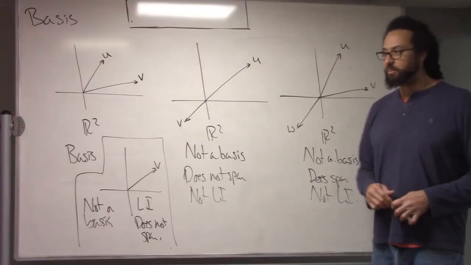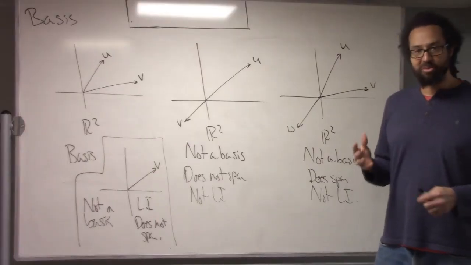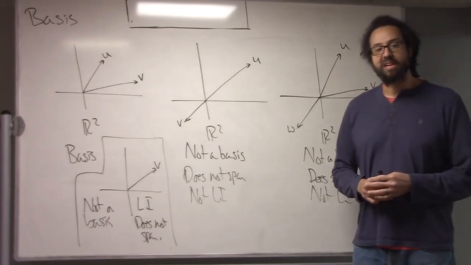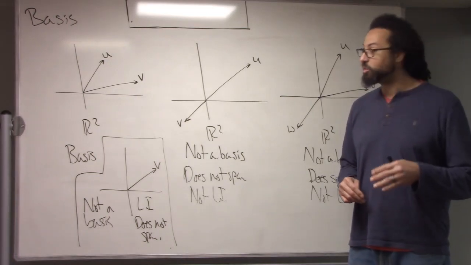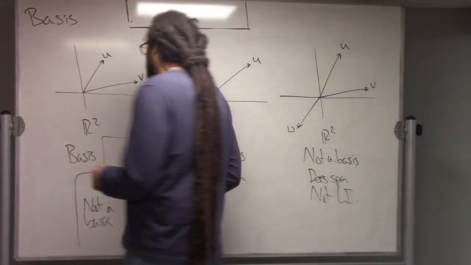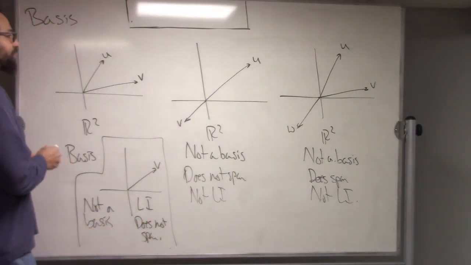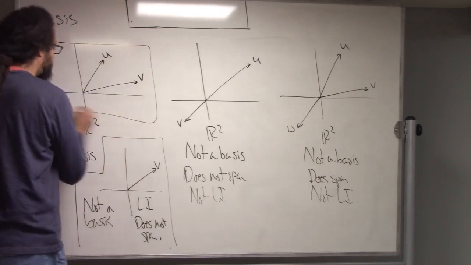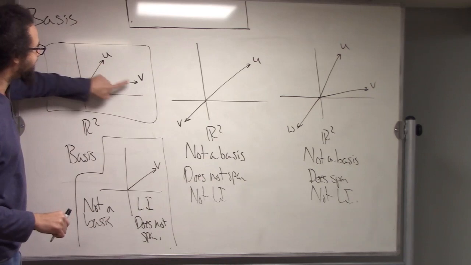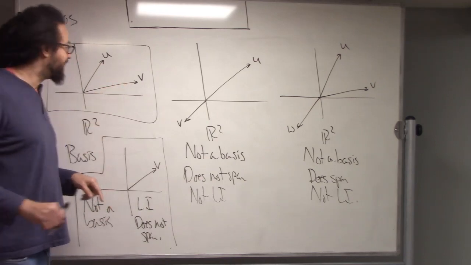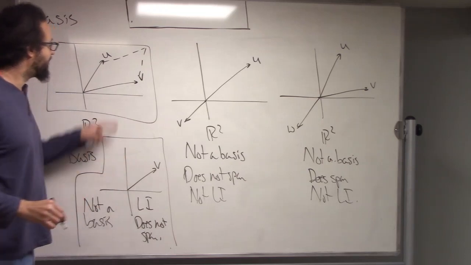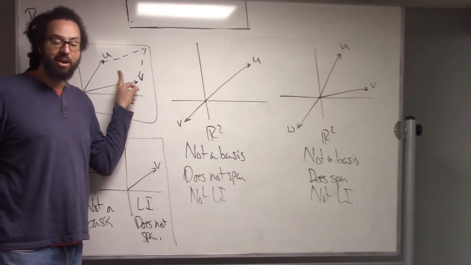All right, here are some examples, and let's try to use some geometric reasoning to see which of these sets of vectors will be a basis for all of R2. In the first example here, we've got two vectors in R2, and you can see they point in fundamentally different directions, and they generate a parallelogram whose area is not zero.